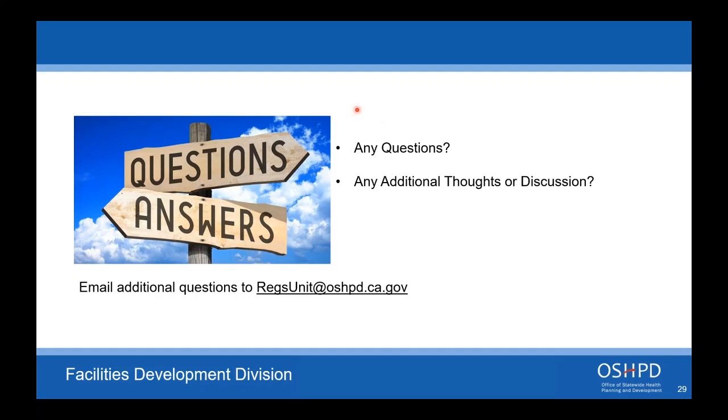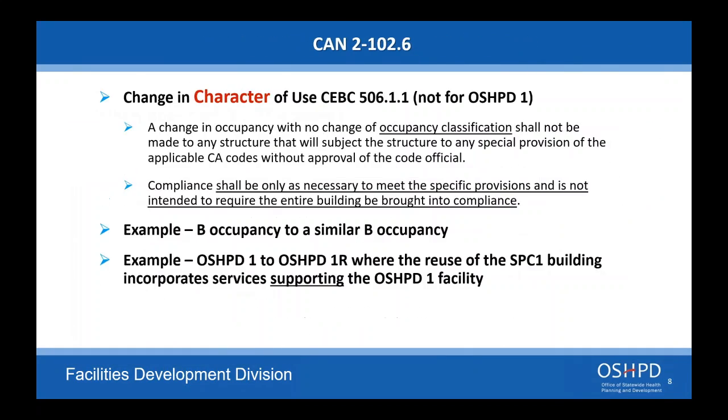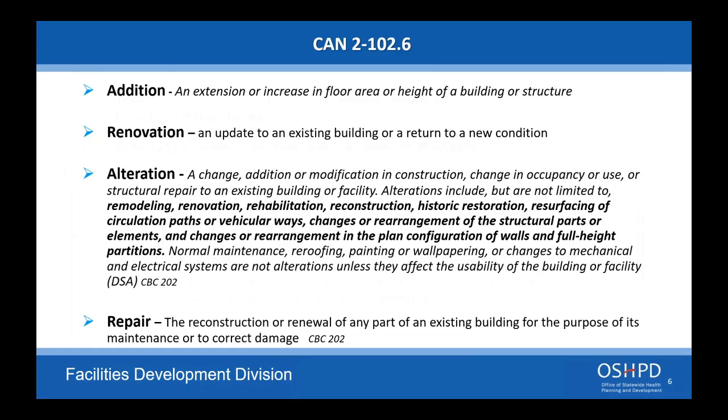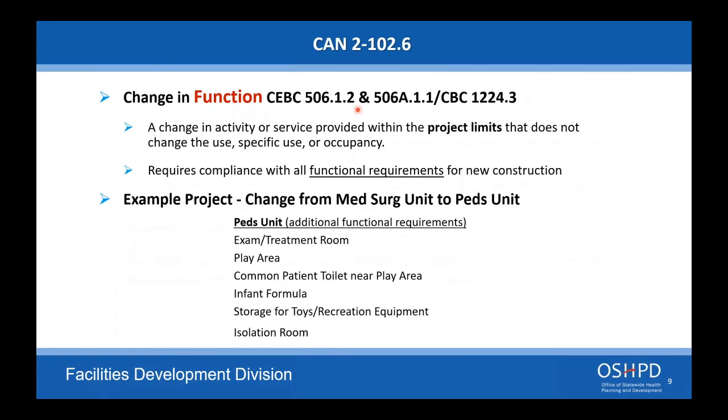And what I'm going to do, I'm going to flip back to that slide. It's right at the beginning, but there are definitely requirements for an exam room, play area, as you mentioned, an infant formula room, isolation room, storage room. All those requirements do have to be added if you're going from med-surg to pediatric.